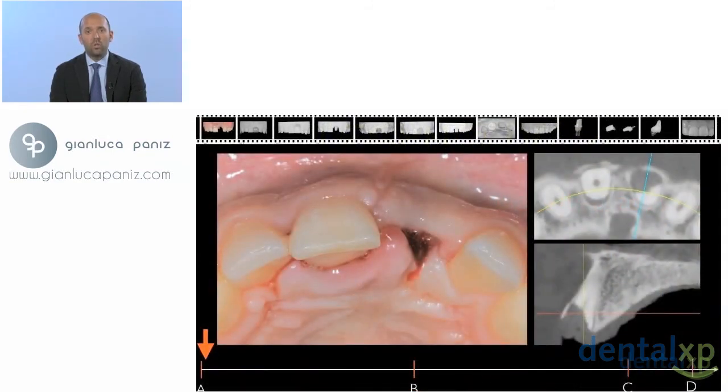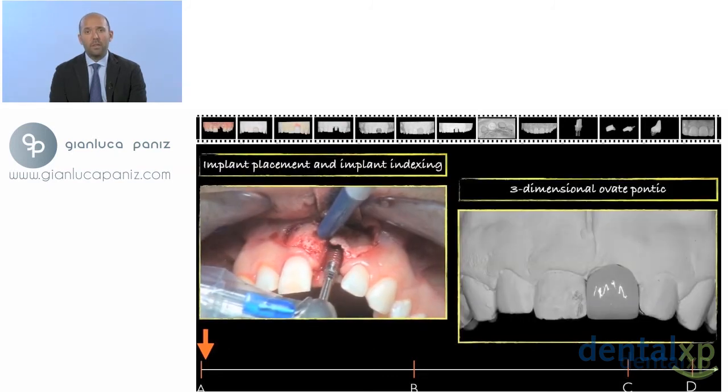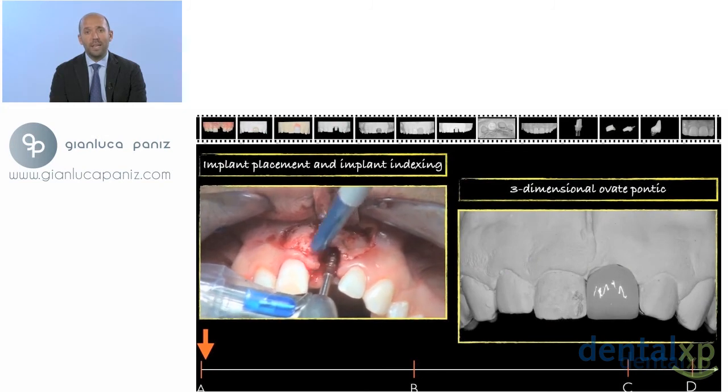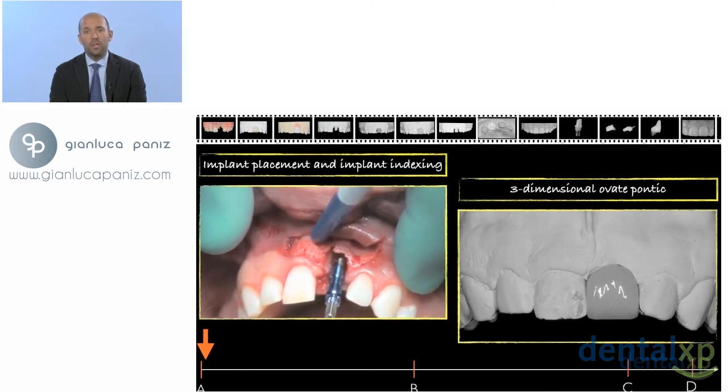Tooth number 8 was repositioned in its alveolus and later on endodontically treated, splinted for a while, but tooth number 9, that was fractured below the soft tissue level, but also below the bone level, was extracted and an implant was positioned. In this case, we had to open a flap and to perform a surgery with flap, but what is interesting is that we indexed the implant during the surgical step.